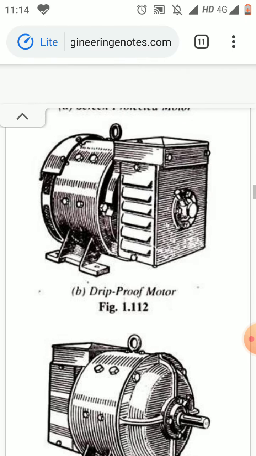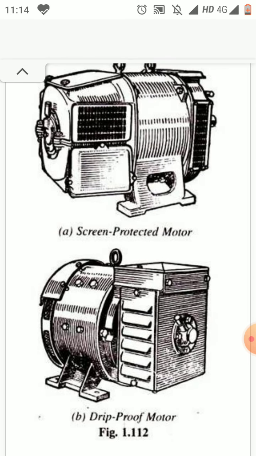And one more is the drip proof type. These types are designed to protect the motor from the entry of any liquid drops or dust particles falling into the motor. Whenever the motor is placed vertically, the angle of these vents should be 15 degrees.